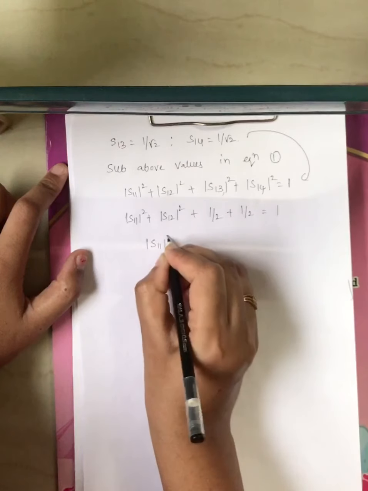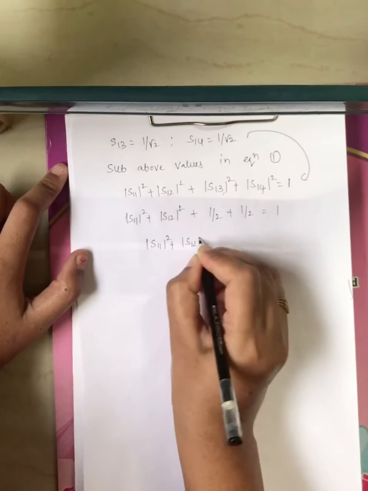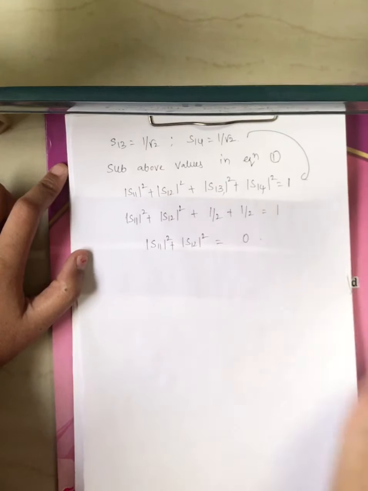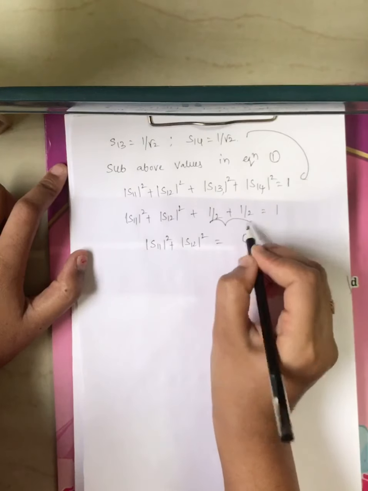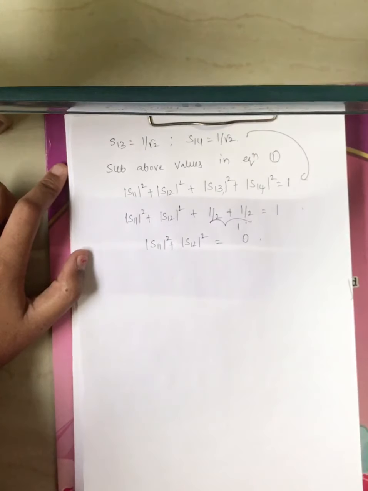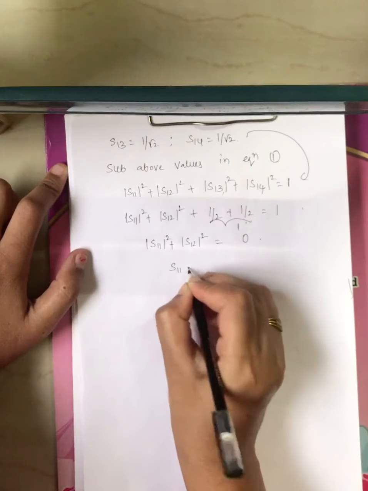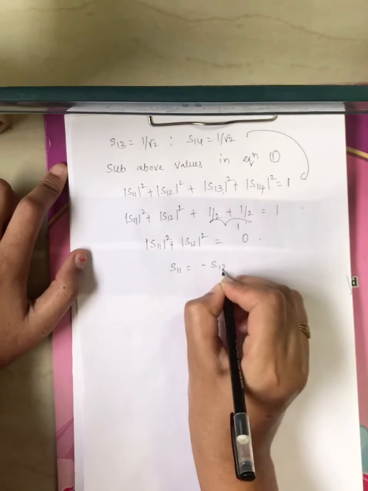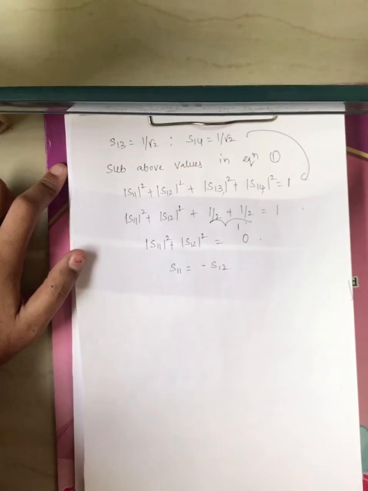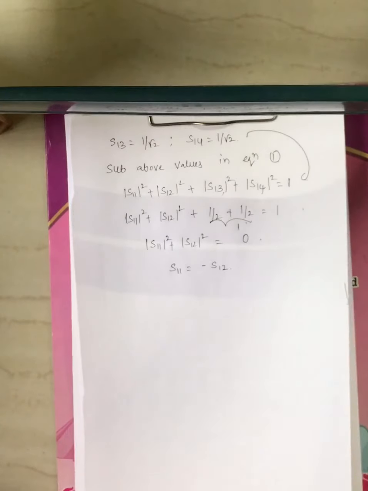Now mod S11 square plus mod S12 square, that is equals to 0. This half plus half is 1, now 1 minus 1 you will get 0, right? Now from this equation, S11 equals minus S12.